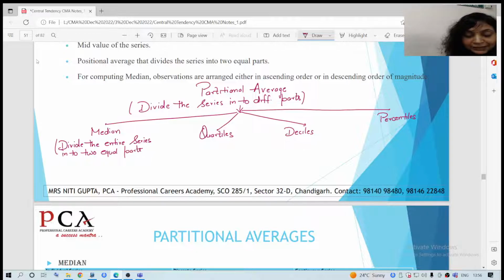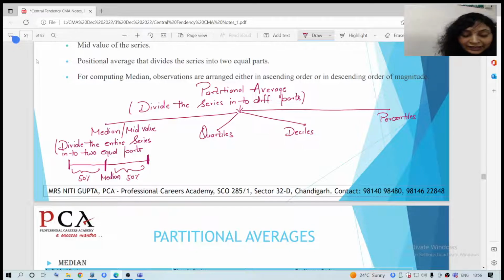So if this is the number line of my series, which is arranged in ascending order, then the mid value is called the median. So we'll say the median is called the mid value of the series. It divides the entire series into two equal parts, 50% on this side and 50% on this side.